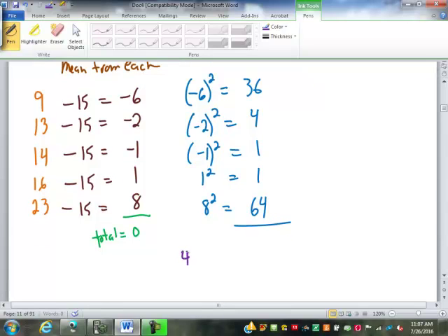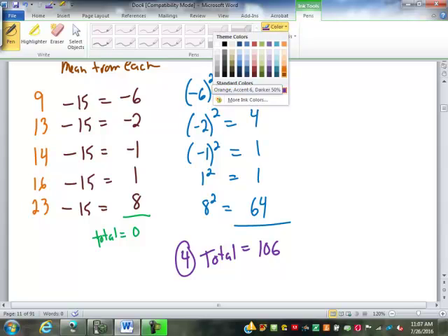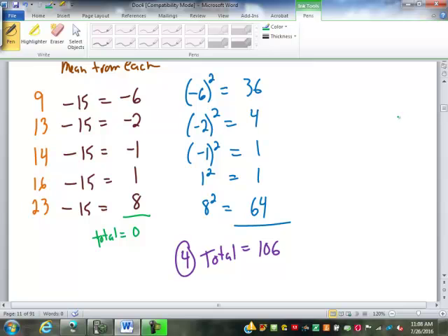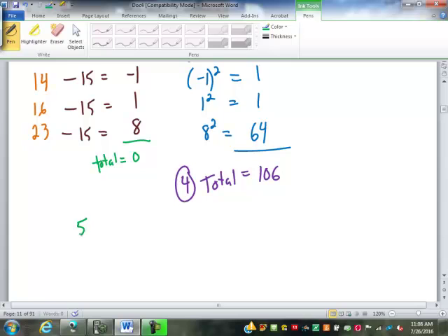Step 4 is to find the total. Add those up. If I add those up, I get 106. Step 5 is a little tricky: divide by n minus 1.